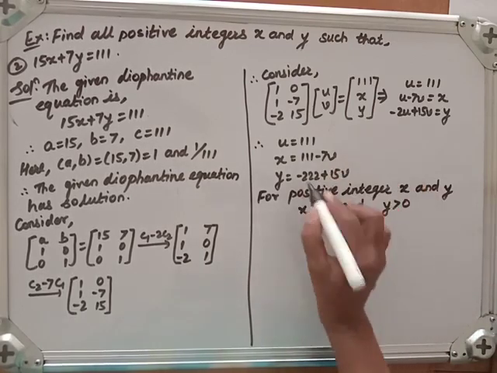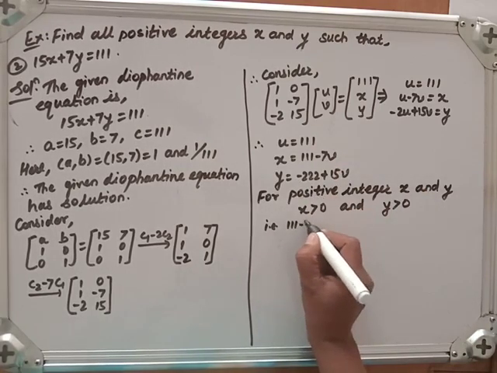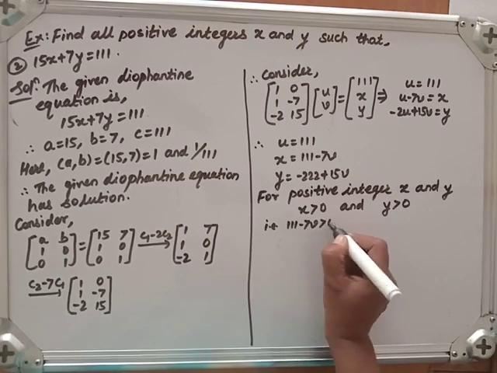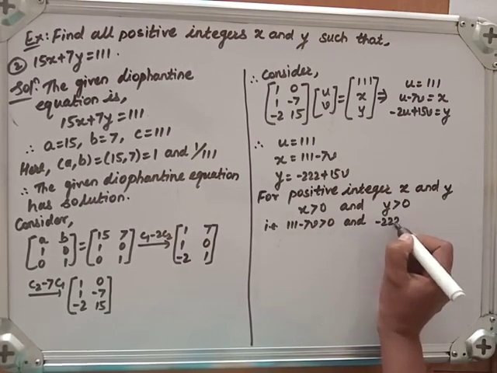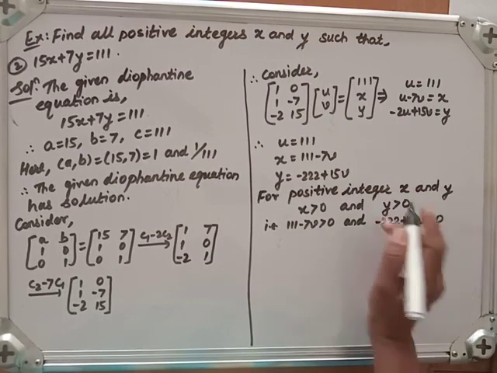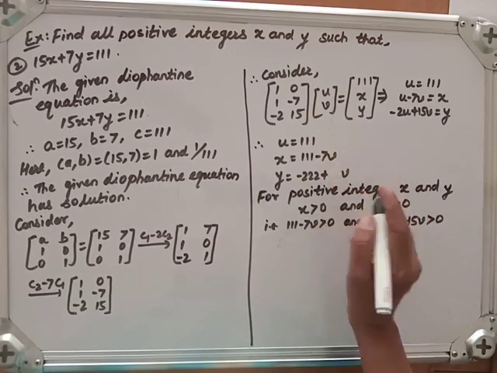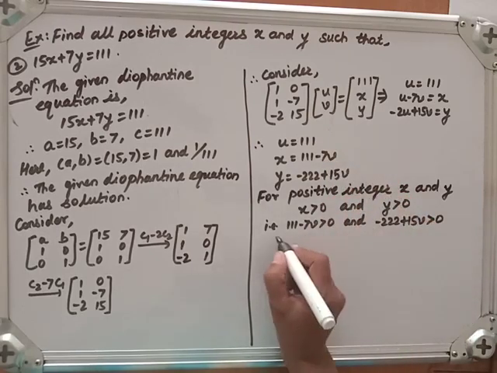So these are also greater than 0. That is, 111 minus 7v is greater than 0 and minus 222 plus 15v is also greater than 0. Okay, so what does this give?